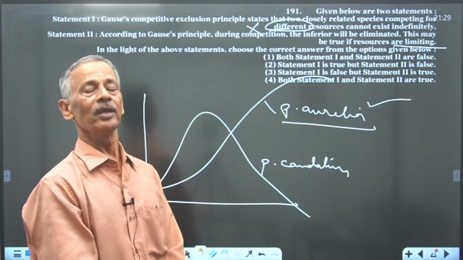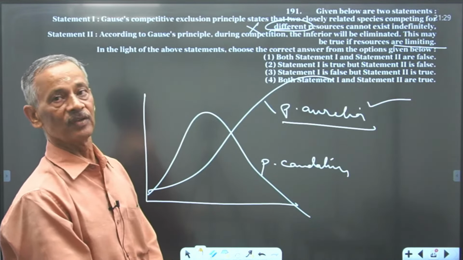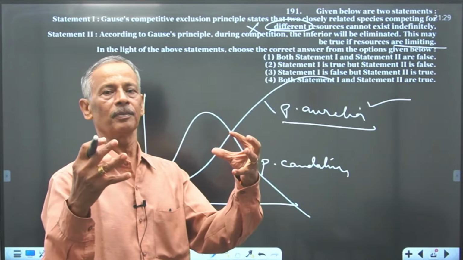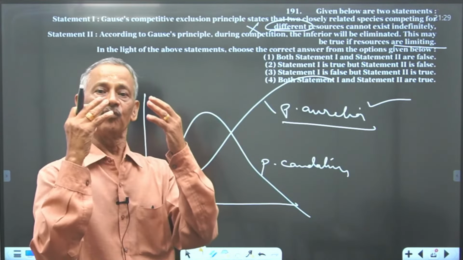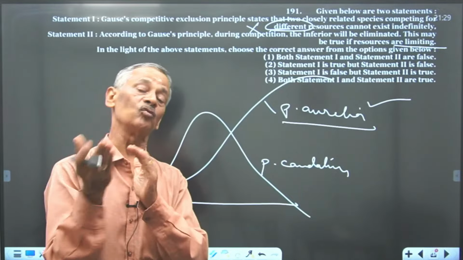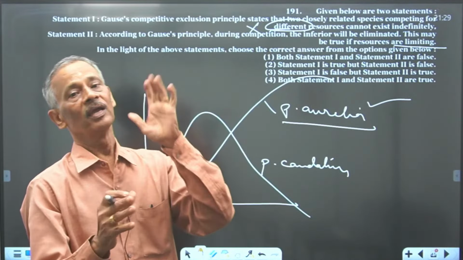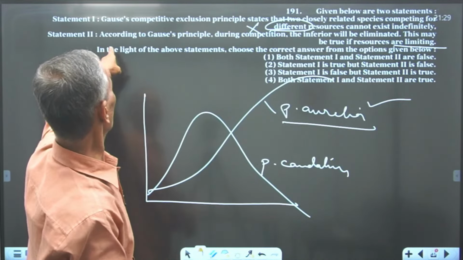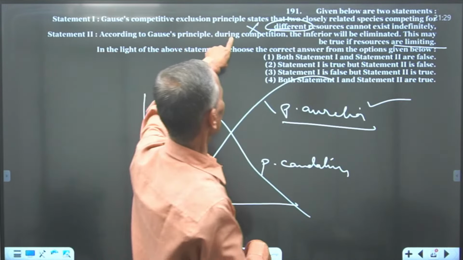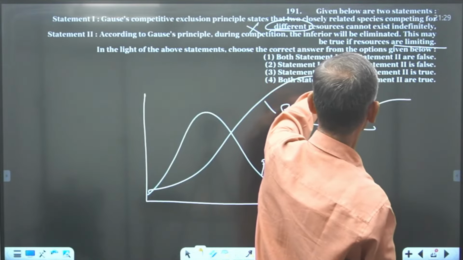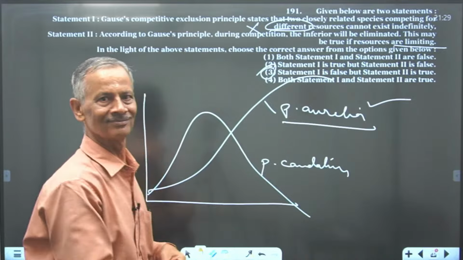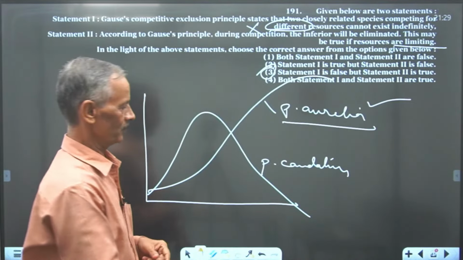Competition will be occurring if the resources are limiting and the competing ones will be fighting for the same resources and the superior one will be surviving, eliminating the inferior one. So statement 2 is correct. Statement 1 is false, but statement 2 is true. Option is 3. Clear?